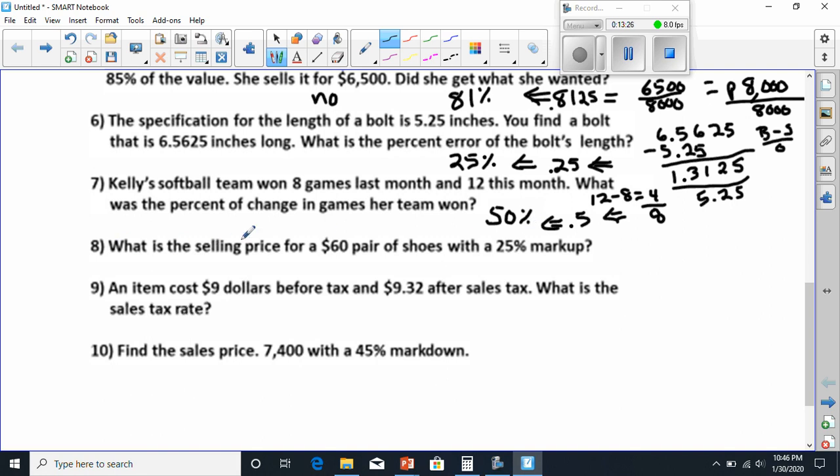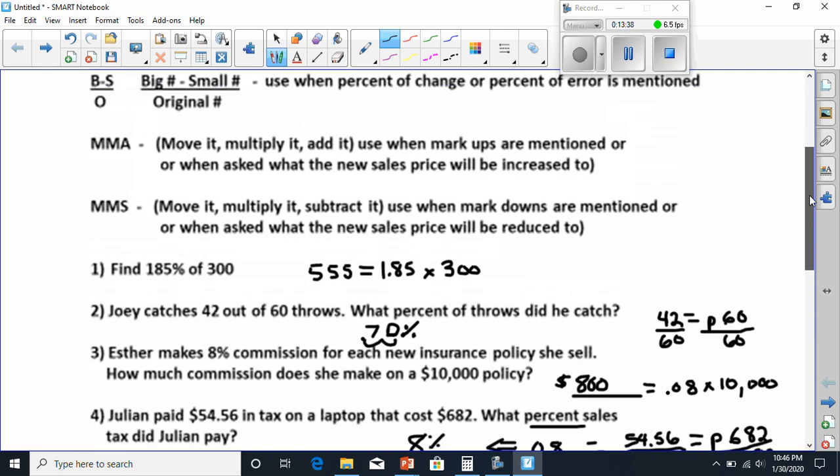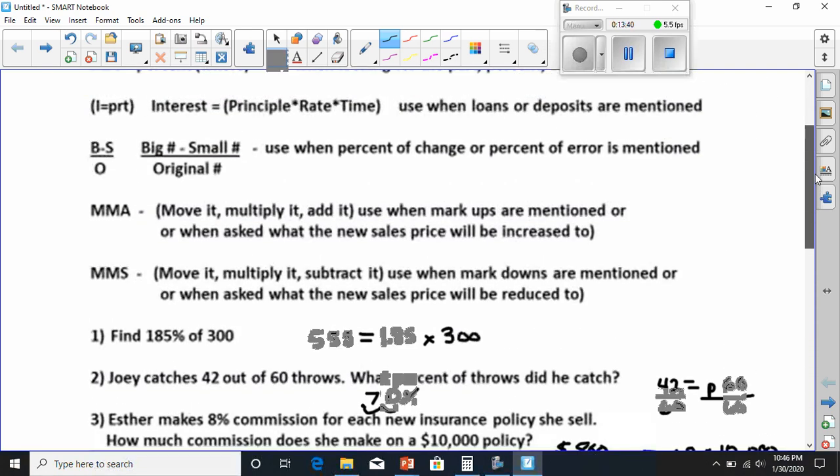All right, what is the selling price for a $60 pair of shoes with 25% marked up? Okay, well, this time we see the word markup. So right there we know we're going to be using MMA.